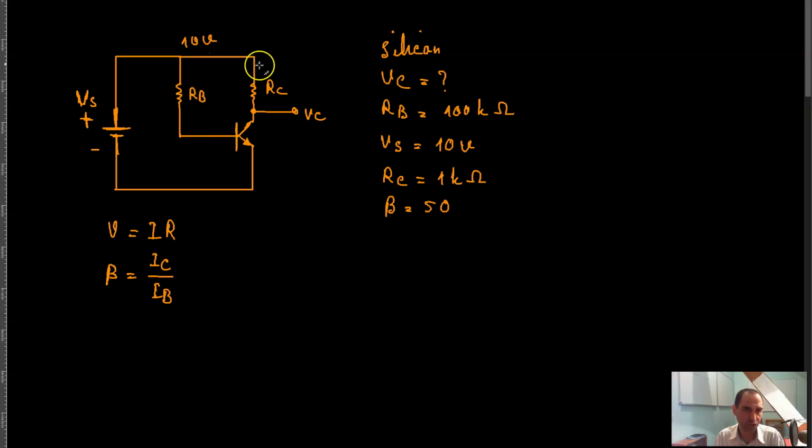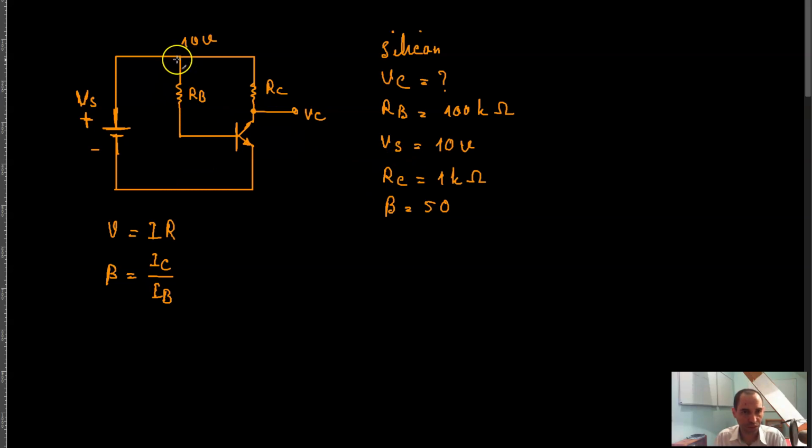As a result, some changes are induced in the collector current, and as a result, the voltage drop across this resistor is changing, and as a result, the voltage of this point is changing, and that's how this circuit is working, right?